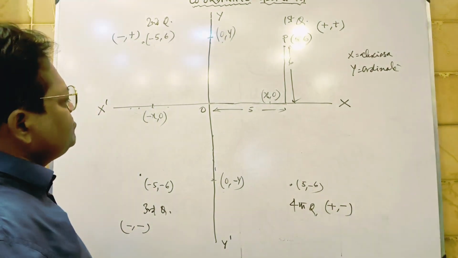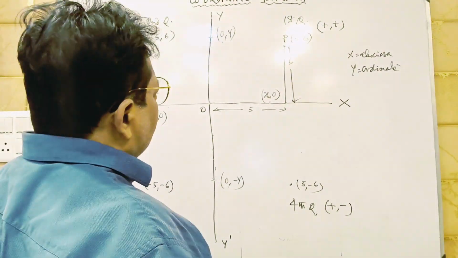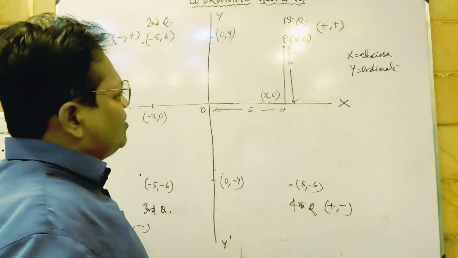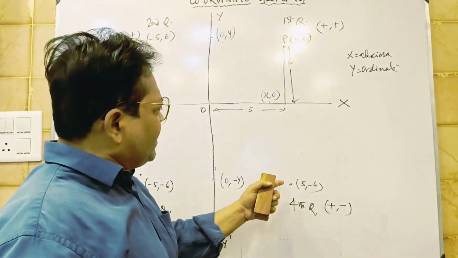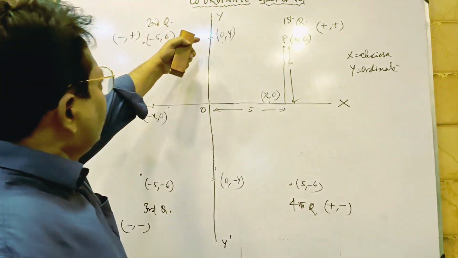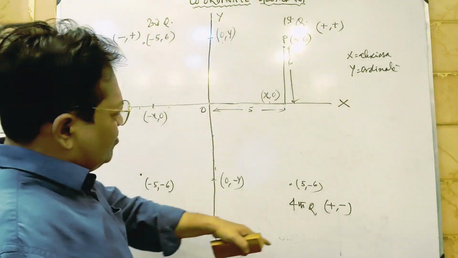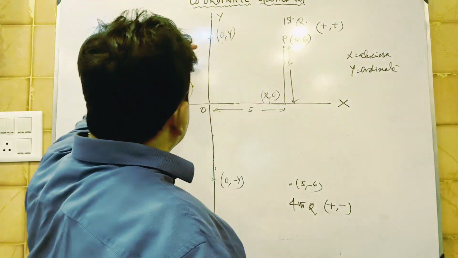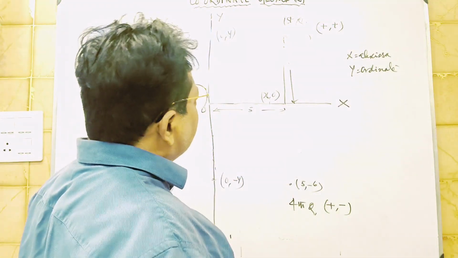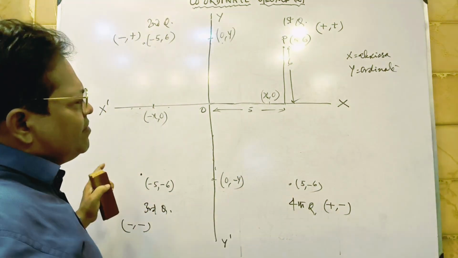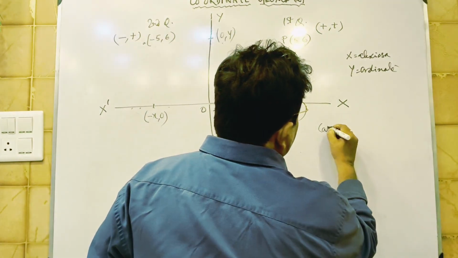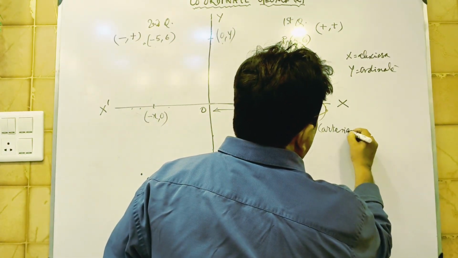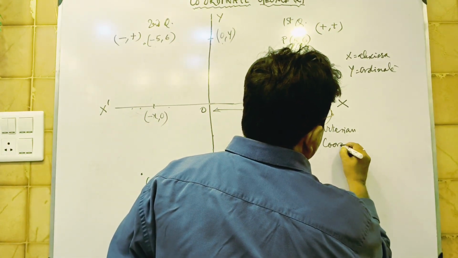So we get the idea about the positions of coordinates, how the coordinates are arranged on the lines in different quadrants. This is the basic idea about the Cartesian coordinate system.